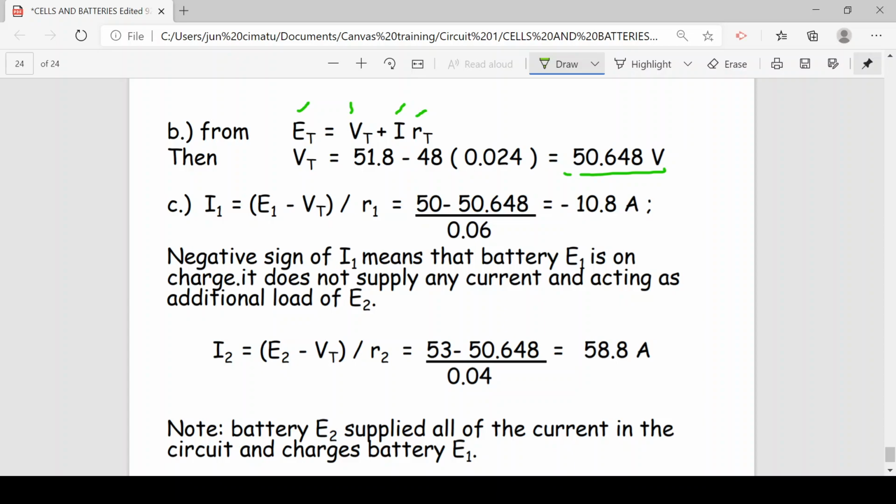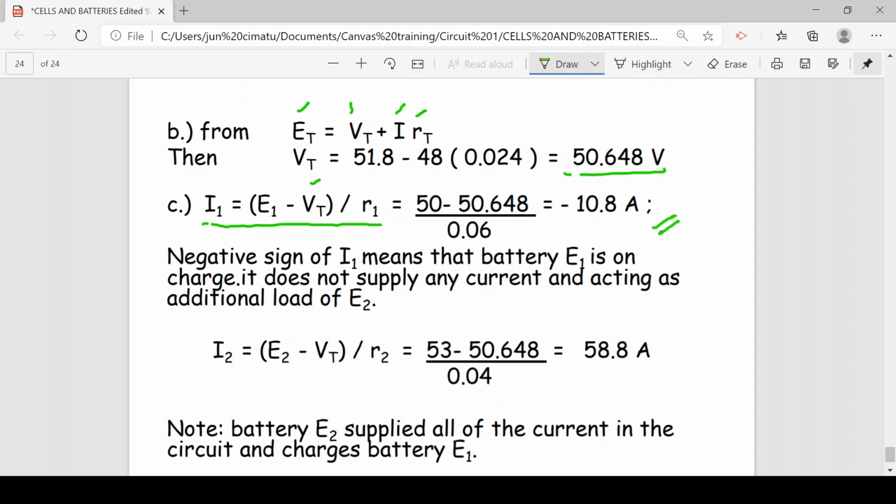Now, to calculate the current supplied by each battery, we use current division. We can again apply this formula for the individual circuit of E1. That is E1 minus the common terminal voltage V sub T divided by the internal resistance of the battery.